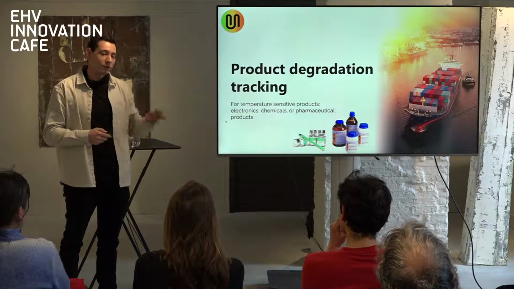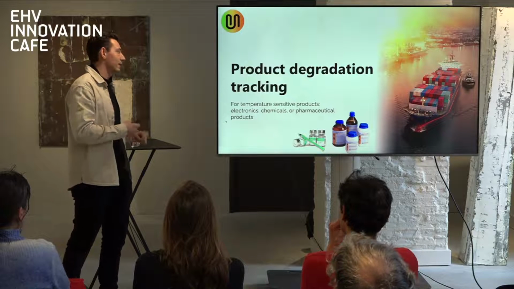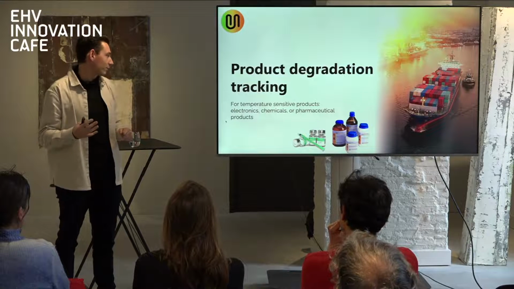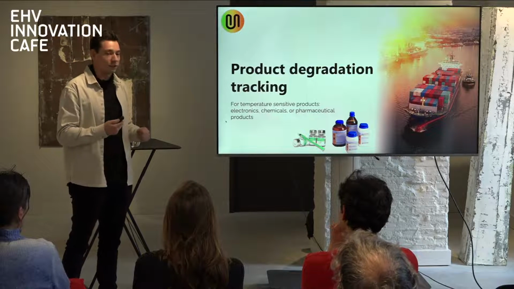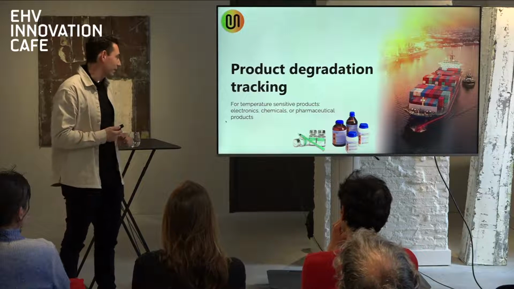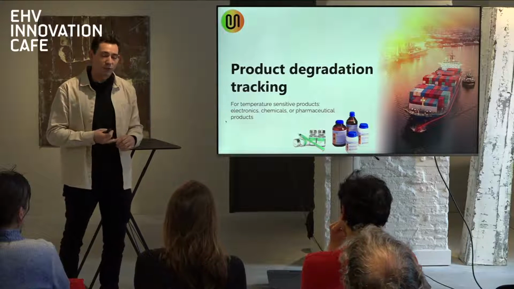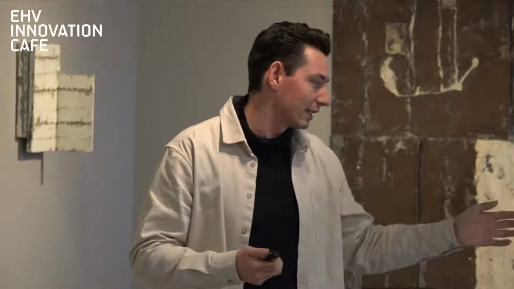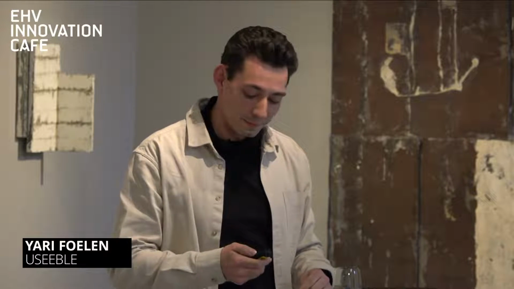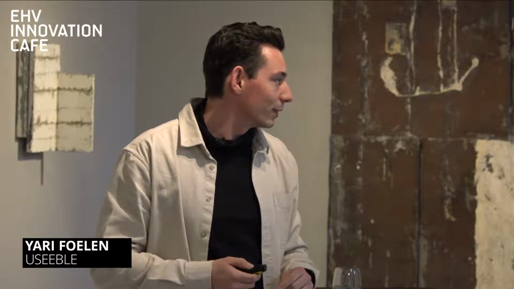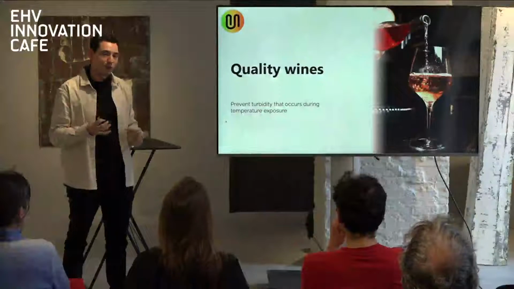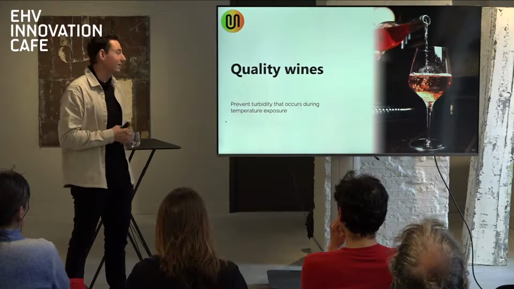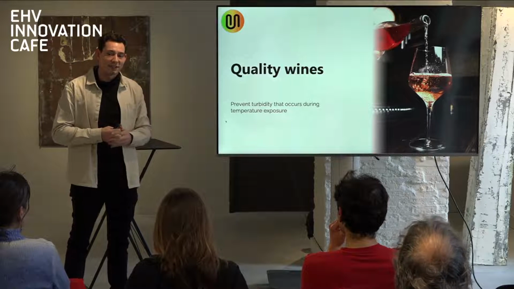So that was more of the process tracking, but then you also have product degradation tracking. So of course what comes to mind are sensitive chemical products or pharmaceutical products like vaccines or insulin or other types of medicine basically. But also food and beverages, for instance quality wines.